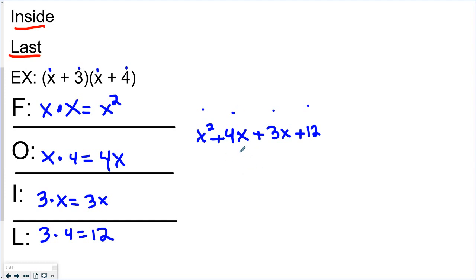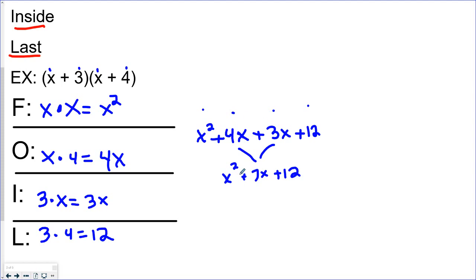But if you notice here, I have a 4x and a 3x together. So I can combine these two. I can add these together. These are like terms. 4x plus 3x is 7x. Plus x squared plus 12. And this is what usually will happen: when you multiply these things together, usually you will end up with 2 values that can then be added together as well.